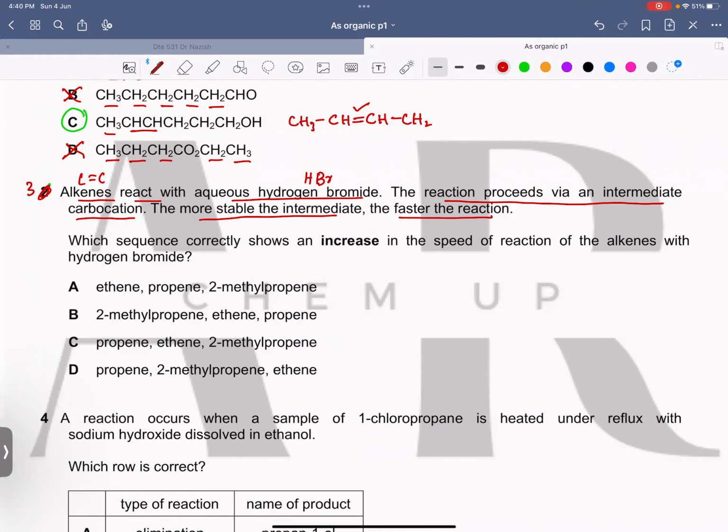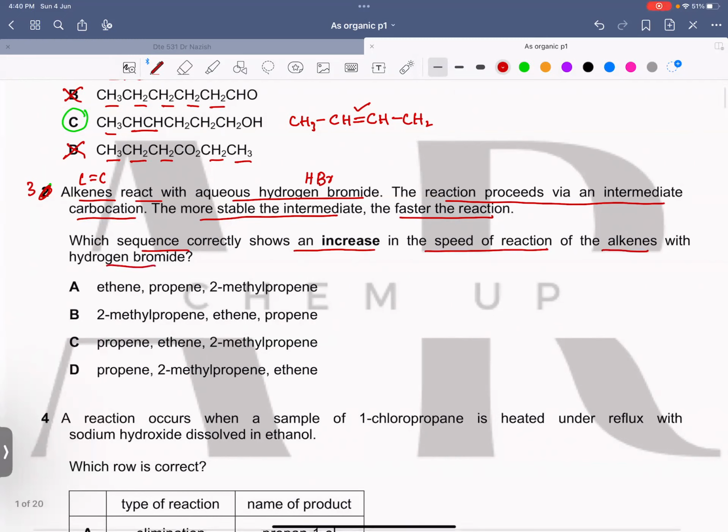So they have given you that the faster reaction occurs when there is a more stable intermediate. Which sequence correctly shows an increase in the speed of a reaction of the alkenes with hydrogen bromide? Okay, so let me remind you. Most stable is the tertiary carbocation.